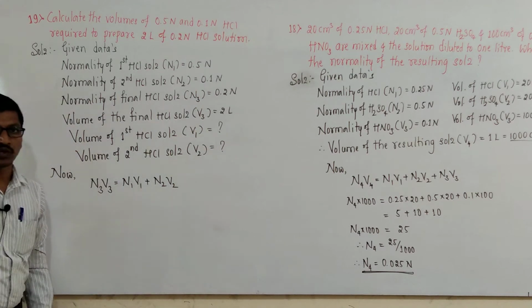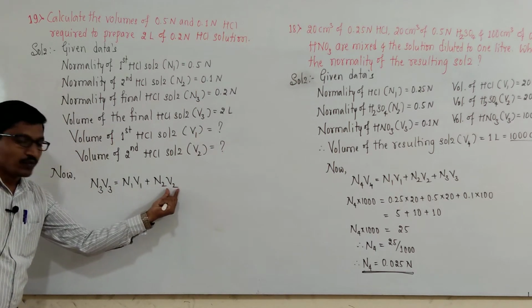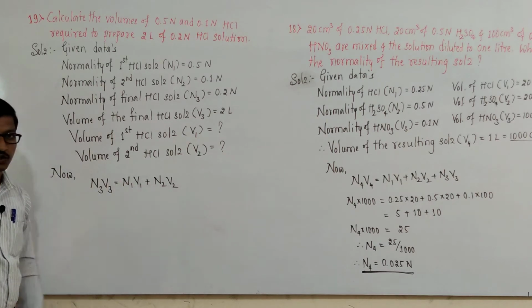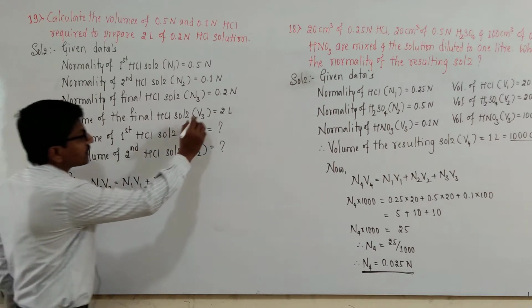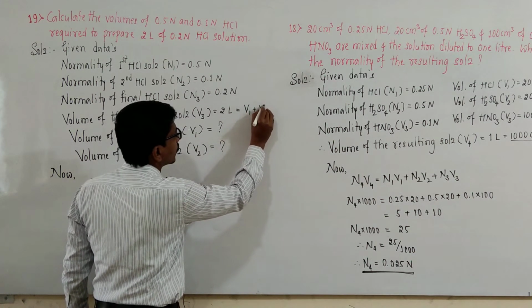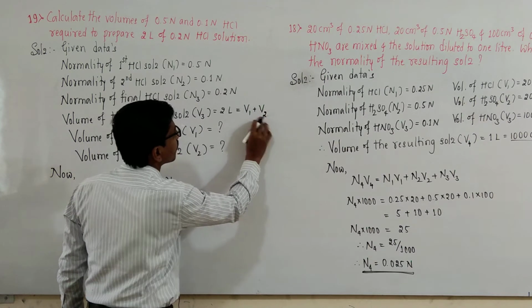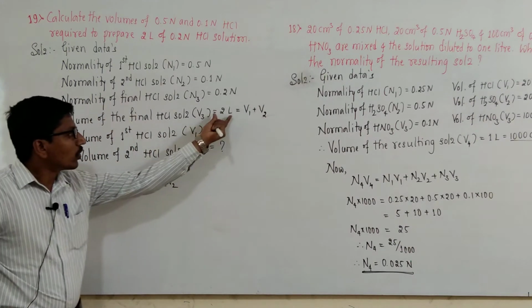This is the formula to calculate the volumes of first HCl and second HCl solution. But V3 is also equal to V1 plus V2, and that volume is 2 liter.